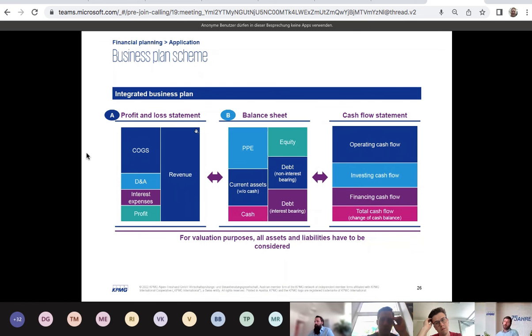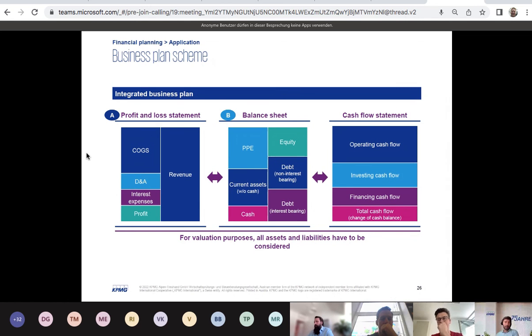And here, for example, we have a company with quite high property, plant, and equipment. And so you have the property, plant, and equipment in your balance sheet. You would plan it for the next years according to an investment plan.